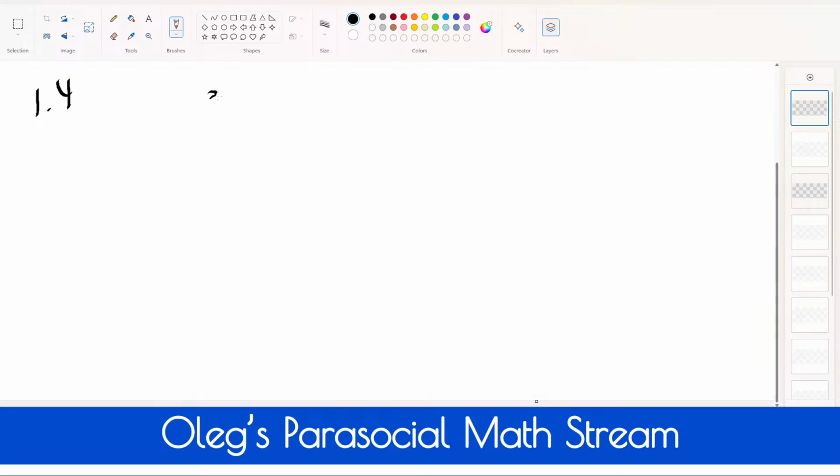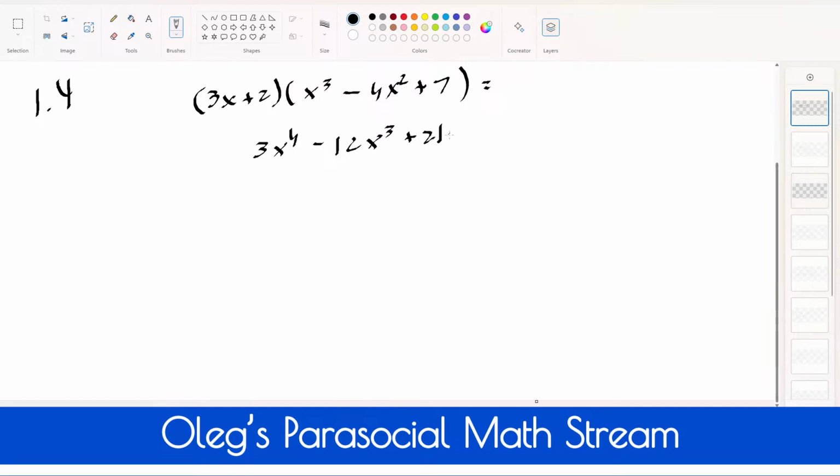Let's go now with 3x plus 2 times x to the third power minus 4x squared plus 7. Check that. We're going to say 3x to the fourth power minus 12x to the third power plus 21x.